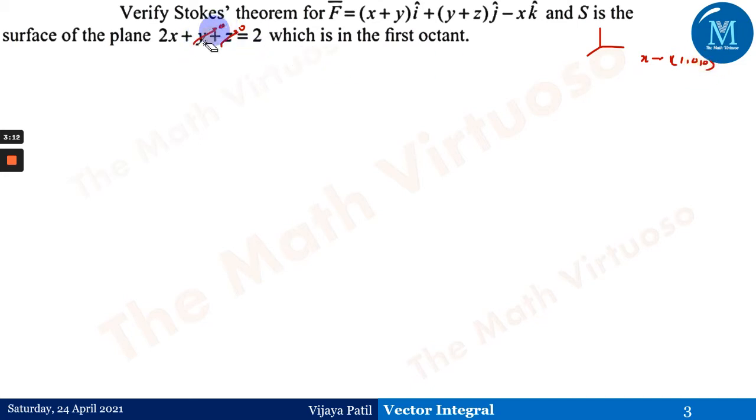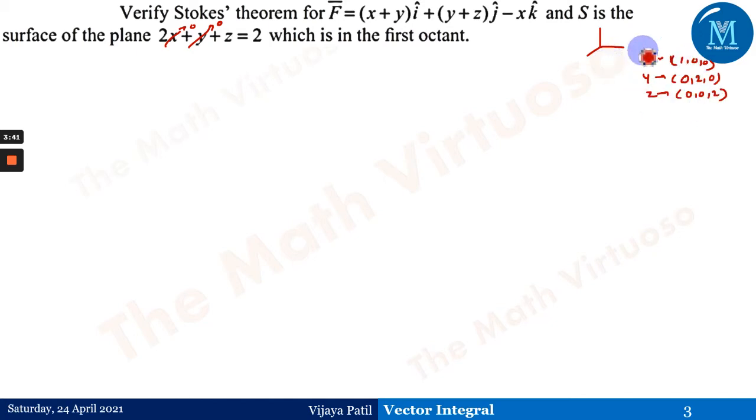Again, to get Y we put X equals 0 and Z equals 0, and we get Y as 2, so 0 2 0 is the intercept on the Y axis. Similarly, to get the intercept of Z, we put X equals 0 and Y equals 0. In that case Z equals 2, so the Z intercept is 0 0 2.